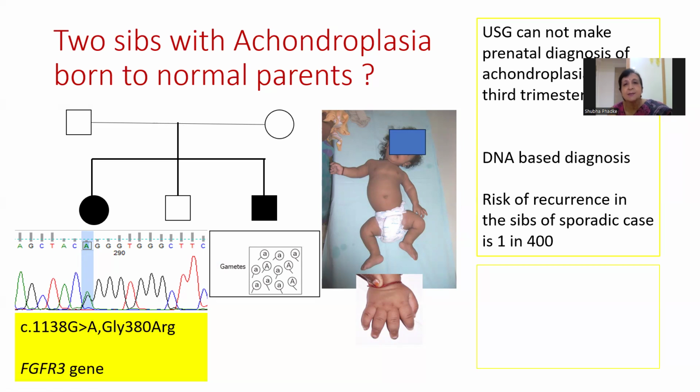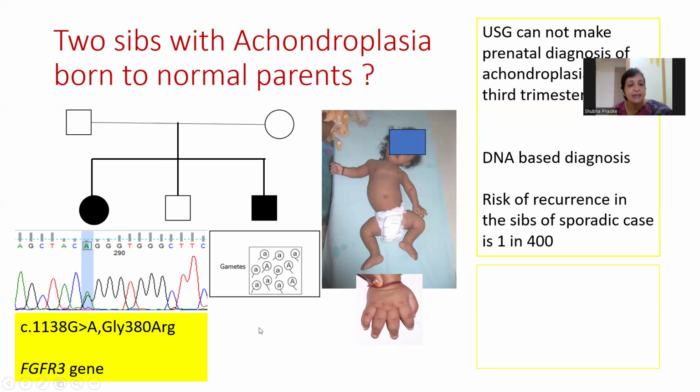And that is because either of the parents may have some level of mosaicism, some level of cells in the gonads with the achondroplasia mutation. Hence it is important that you do DNA-based diagnosis for achondroplasia in every case, and then, if the family wishes, they can be provided prenatal diagnosis based on this particular DNA mutation.